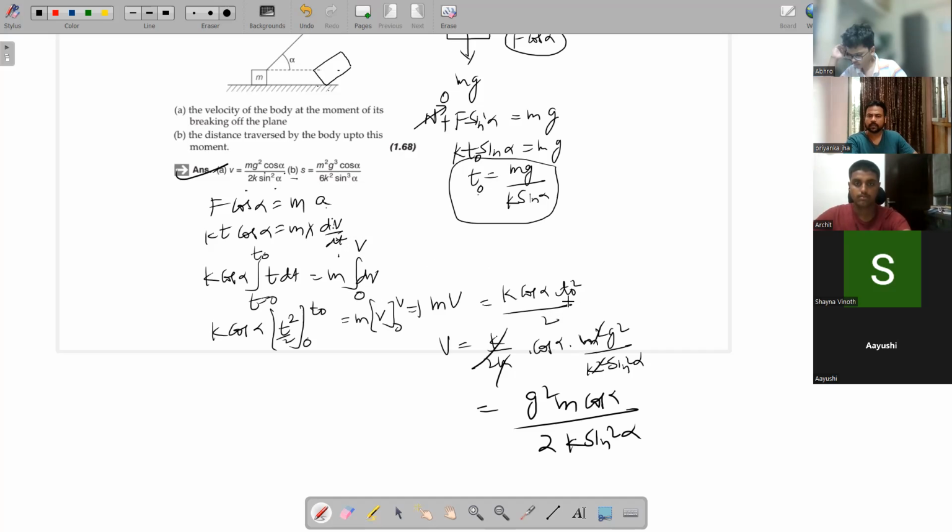See, after integration, this is called the lower limit, this is the upper limit. So you just have to put the upper limit first and minus the lower limit. So put a v here and then minus 0. And here, you know the integration of t dt? Yeah, got it, sir.